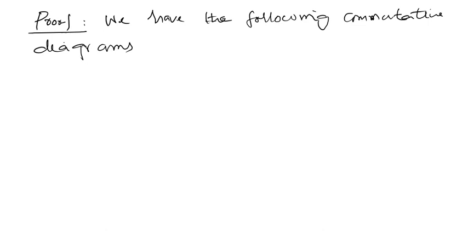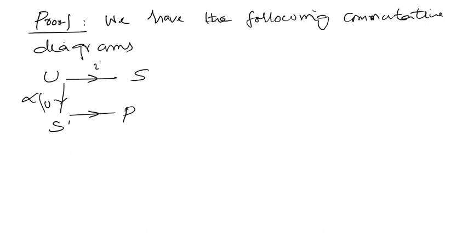The first one is U to S, the inclusion map, then U to S prime, which is alpha, in fact alpha restricted to U, then we have P here, and S to P is mu, S prime to P is mu prime. So this is one of the commutative diagrams; name it diagram 1.